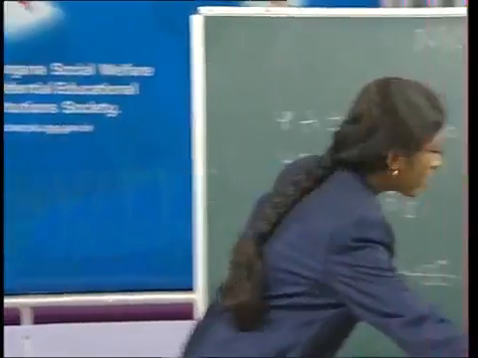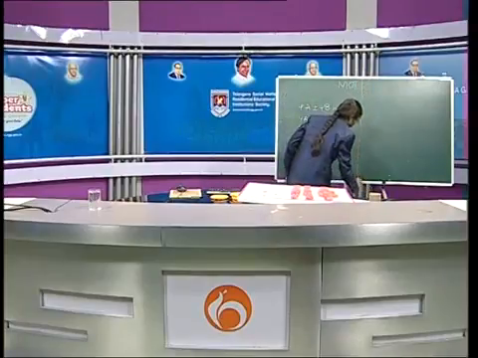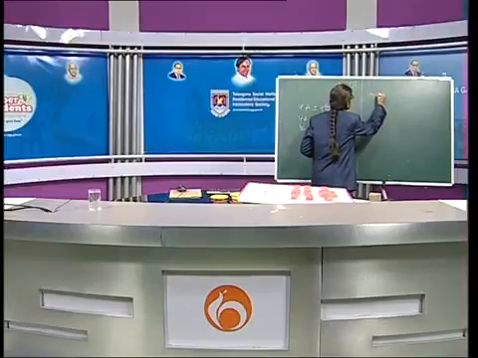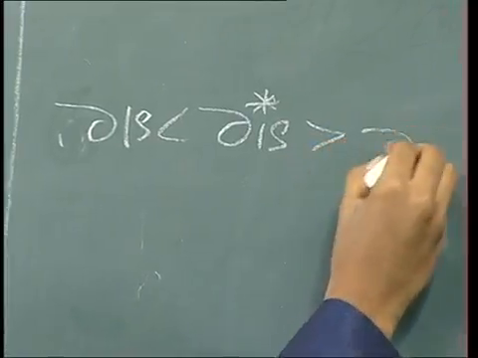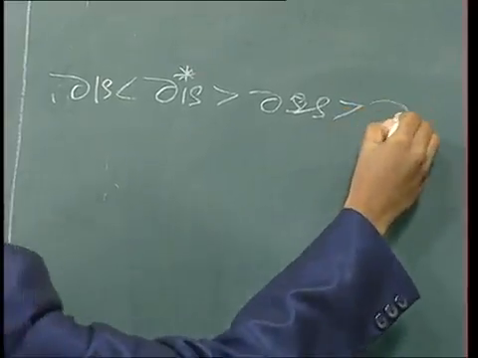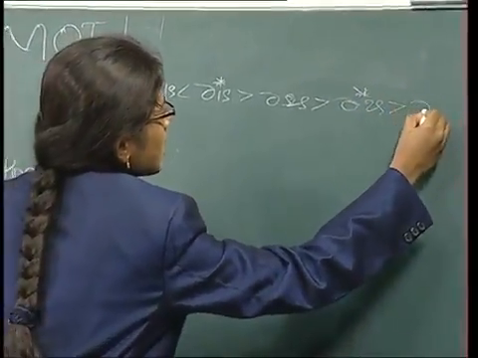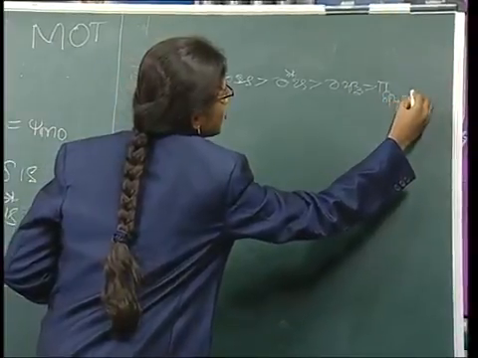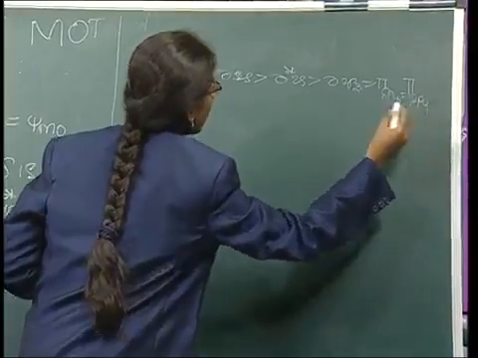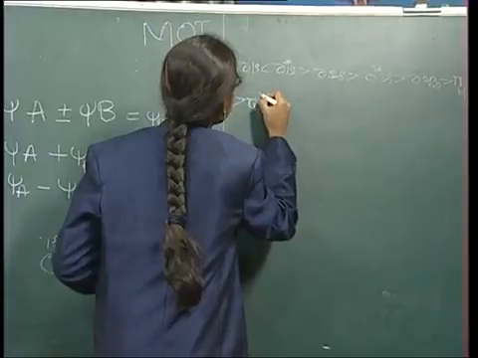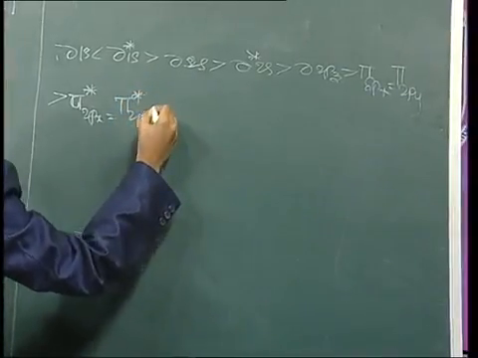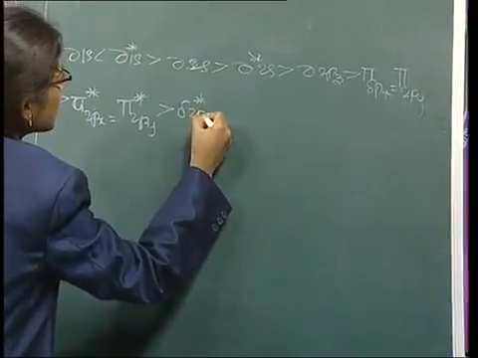What is the increasing order of energy level for heavier elements? The increasing order of energy level for heavier elements is sigma 1s less than sigma asterisk 1s less than sigma 2s less than sigma asterisk 2s less than sigma 2pz less than pi 2px equals pi 2py less than pi asterisk 2px equals pi asterisk 2py less than sigma asterisk 2pz.